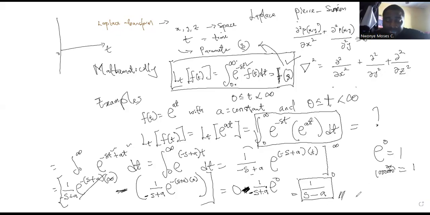Right? So clearly, at no point should S be equal to A in the denominator. That's one condition here, because if A is equal to S, you're going to get 0 in the denominator, right? So this is the particular transformation of this function from the time domain to the frequency domain. Very clear.